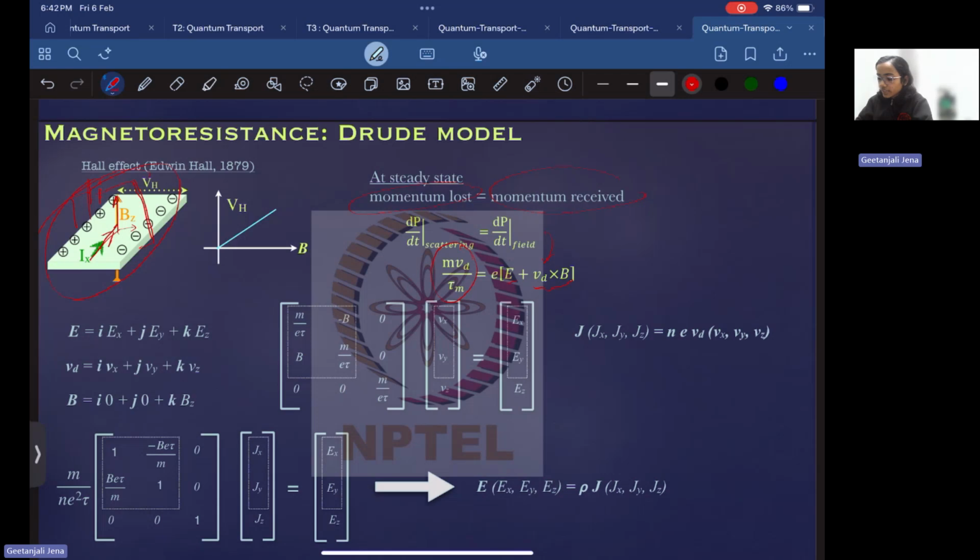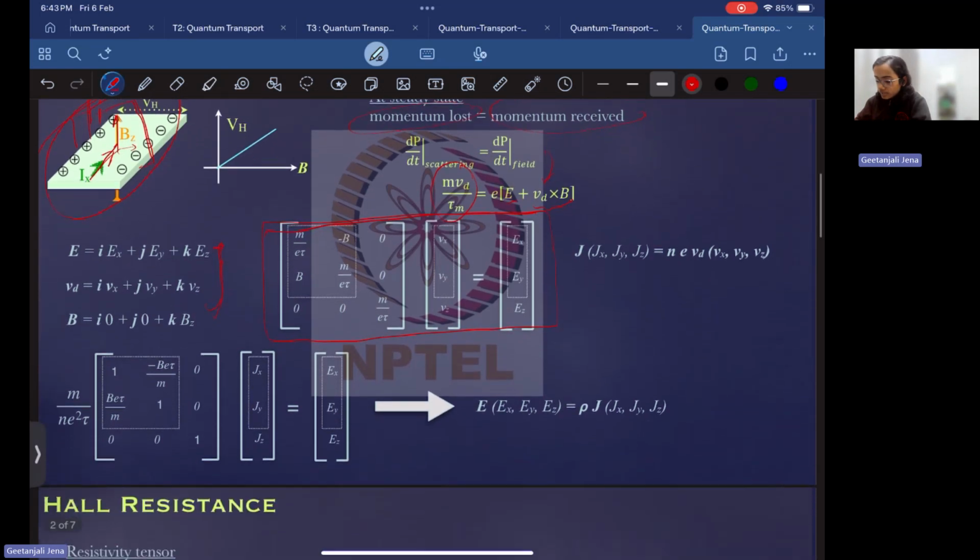If we make a rearrangement using the components of the electric field, drift velocity, as well as the transverse magnetic field, we will get a matrix like this. If we rearrange it further, we will get a matrix which is similar to the Ohm's law that we have seen earlier.